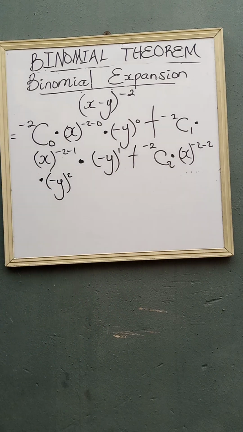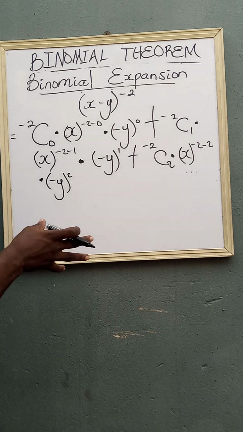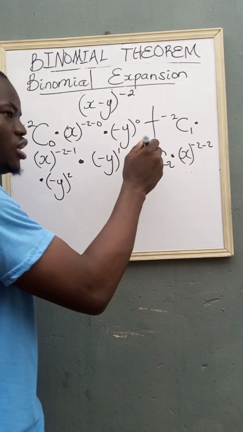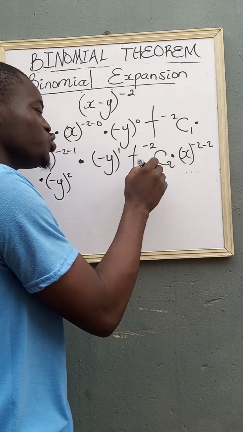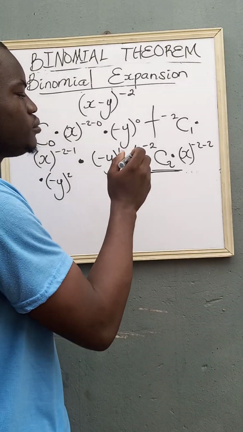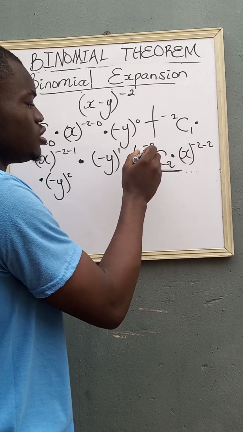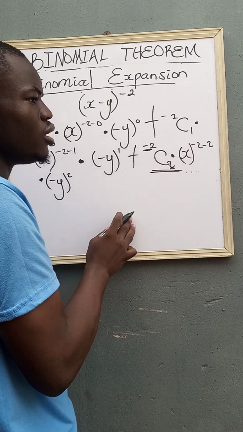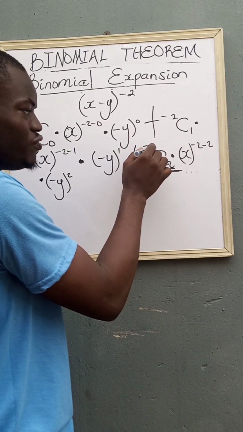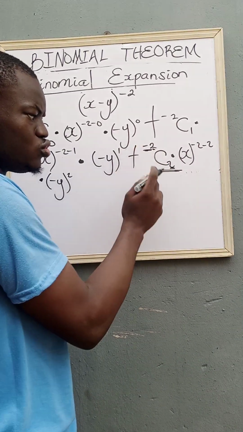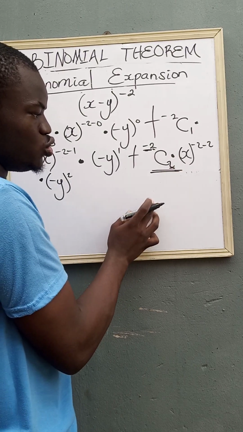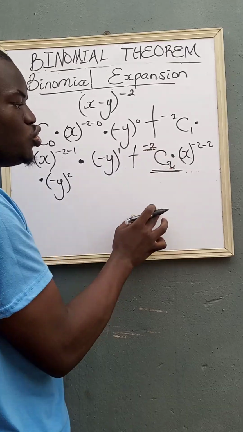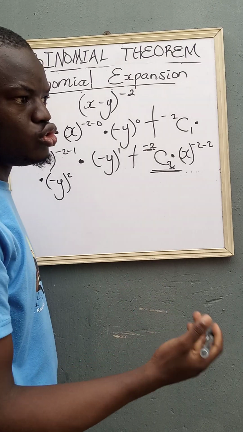You can choose to stop here. It's not even a choice, we are stopping here. When the n number and your r number are the same, now you're having 2 here, though this is minus 2 and you're having 2 here, you know you are going to stop there as your number of terms.